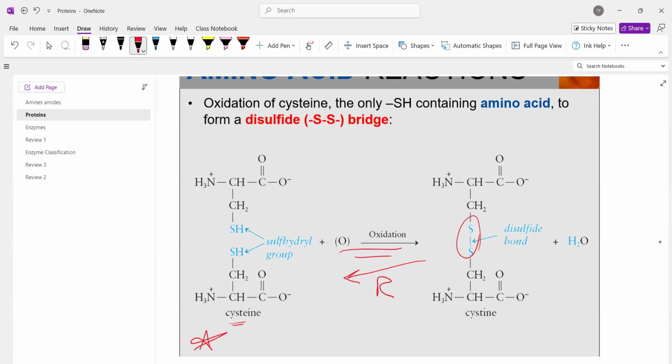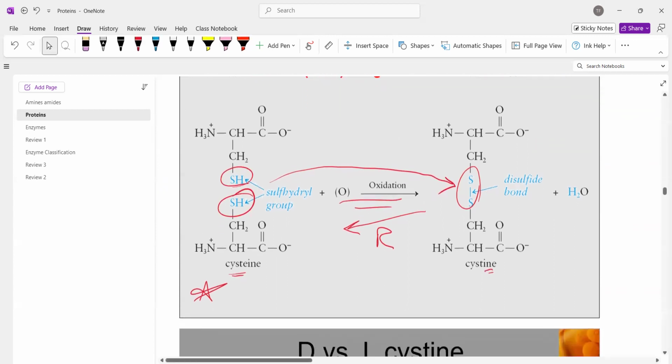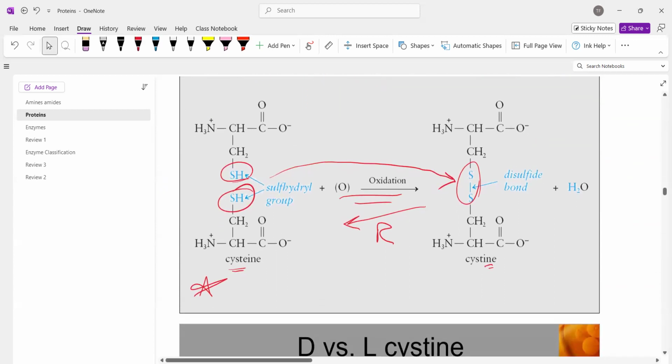If you oxidize thiols, you end up forming this here. So we go from cysteine to cysteine. Now, in your hair, some people have curly hair, some people have straight hair, and the degree at which your hair is curly depends upon cross links.